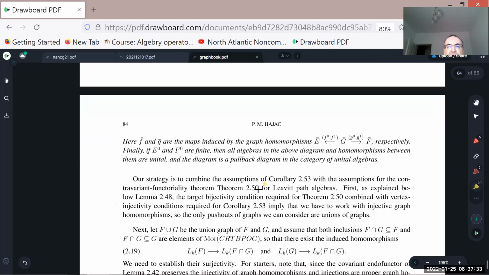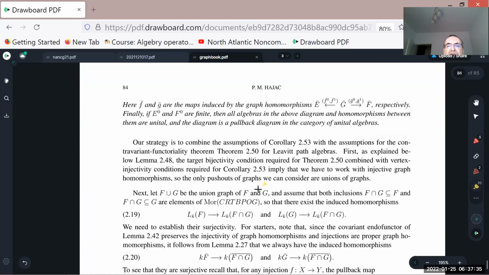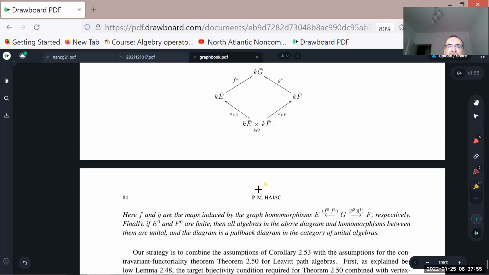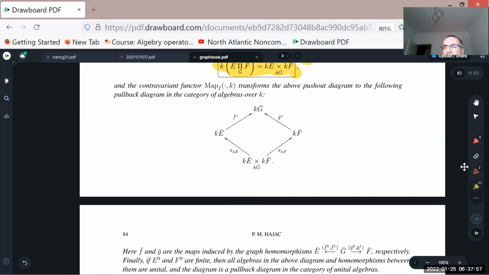And let's continue. So now our strategy is to combine the assumptions of corollary 2.53 with the assumptions of the contravariant functorial theorem 2.50 for Leavitt path algebras. And that's exactly the conditions of this category C, R, T, B, P, O, G. Because on one hand, we want to have this pullback diagram.